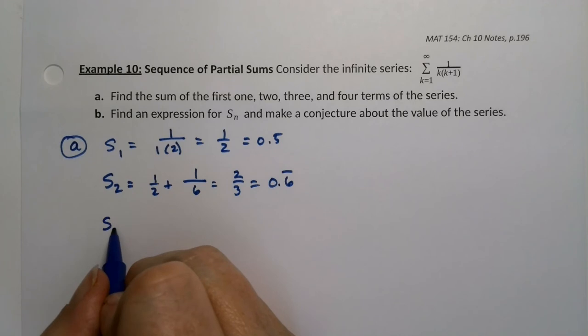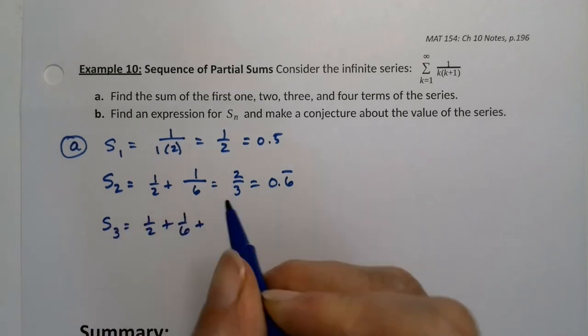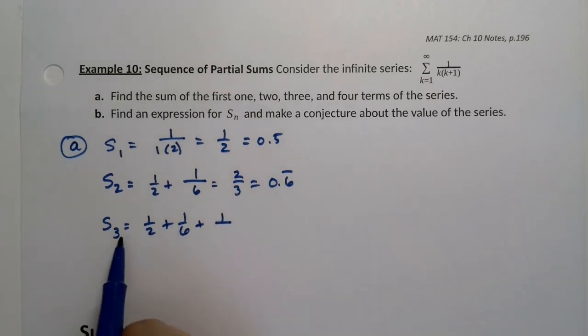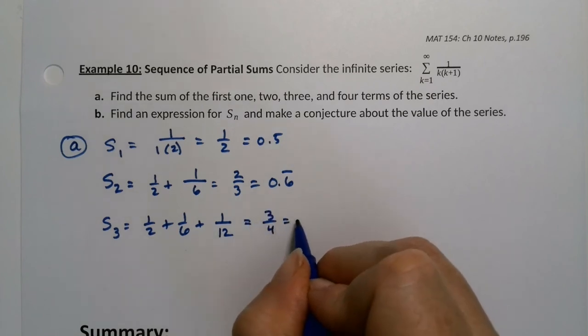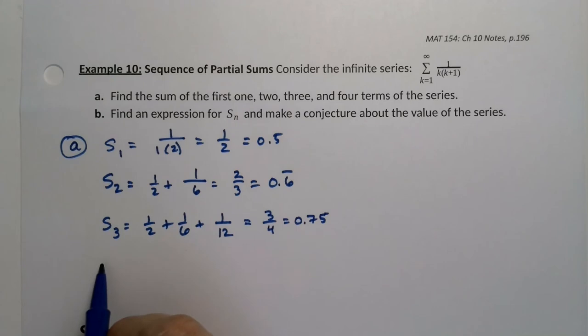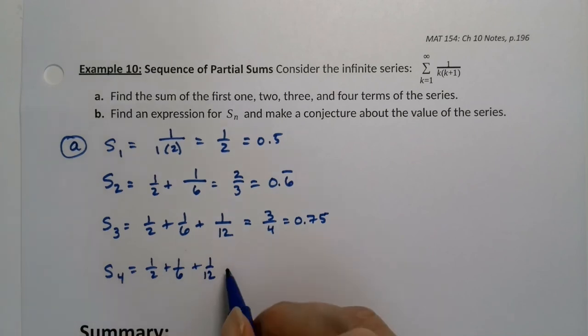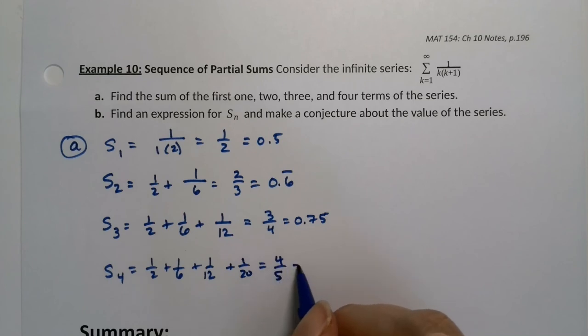Then S sub 3 would be the half plus a 6th that was before, plus then we would take 1 over, well, it'd be 3 times 4, which is 12, which is 3/4, or 0.75. And S sub 4 would be a half plus a 6th plus a 12th, and then 4 times 5 is 20, which is 4/5, or 0.8.